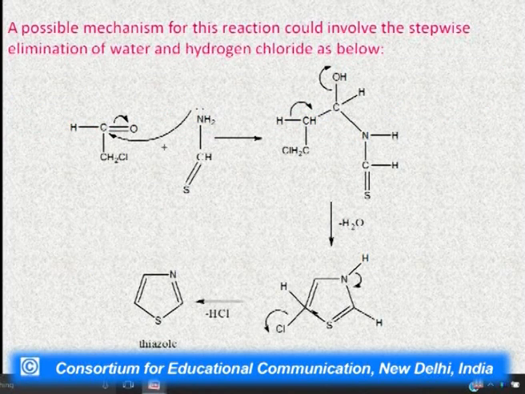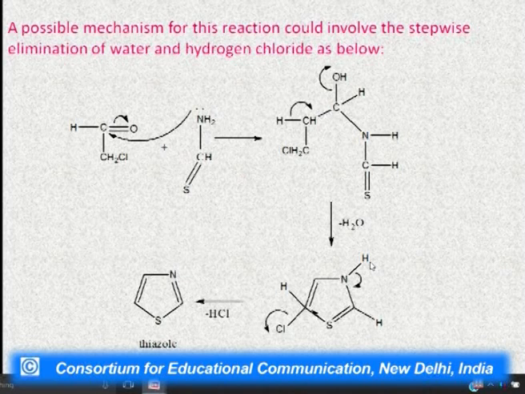A possible mechanism for this reaction could involve the stepwise elimination of water and hydrochloric acid. Since both are side products, they will be eliminated through the mechanism. Here, this thioamide will attack the carbonyl carbon of chloroacetaldehyde, and we get this intermediate, and from here this OH and H will go as water, and we get the cyclized product.